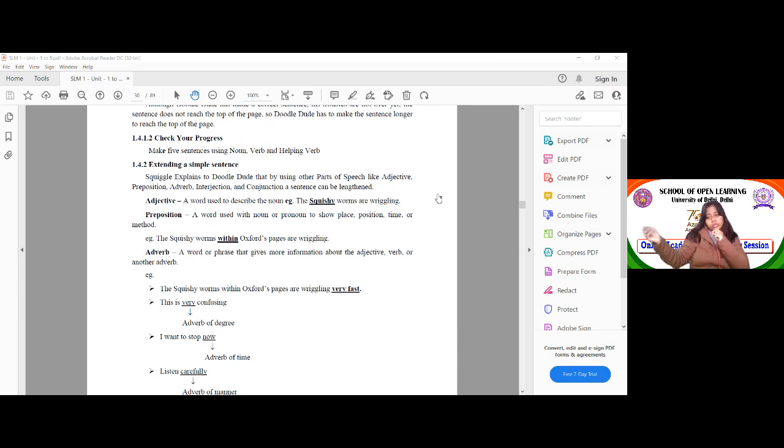The door is the noun. So it is coming before the door, right? At. So it is something that basically relates one part of the sentence to another. It doesn't join the sentence, but it describes the relation between one thing and another.